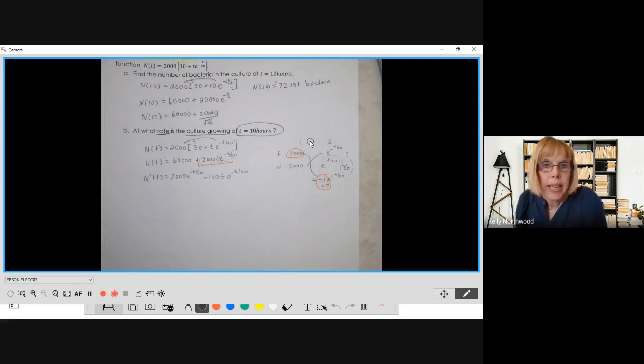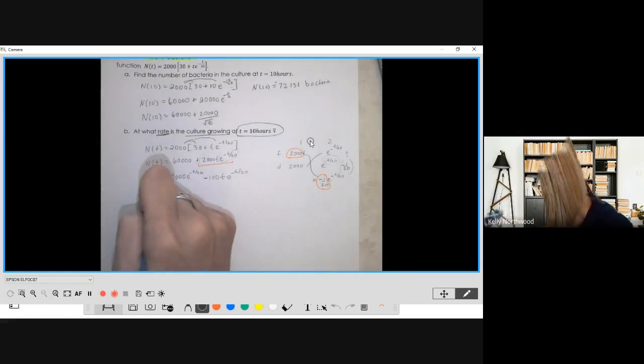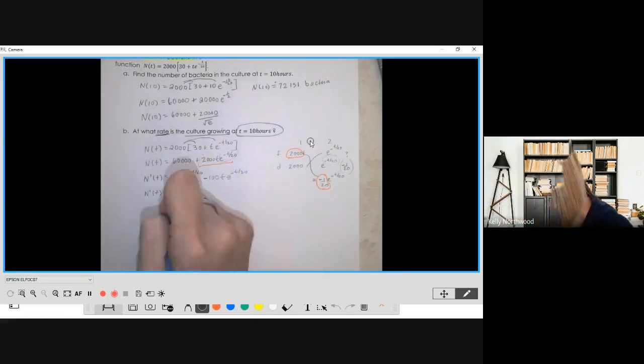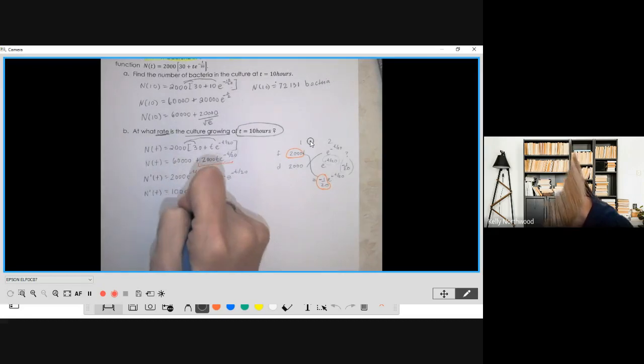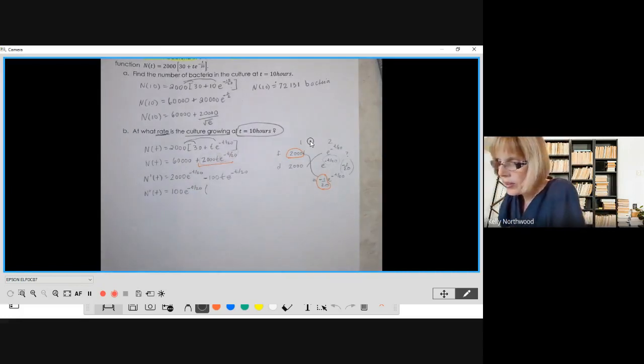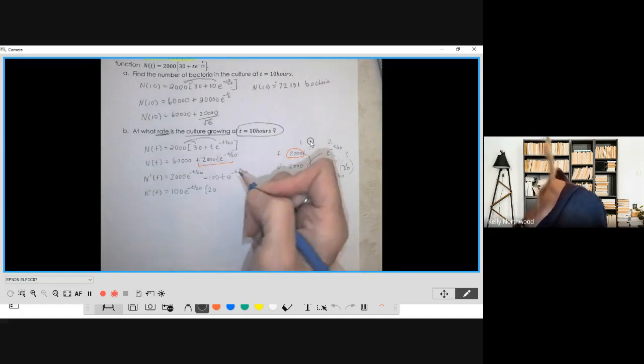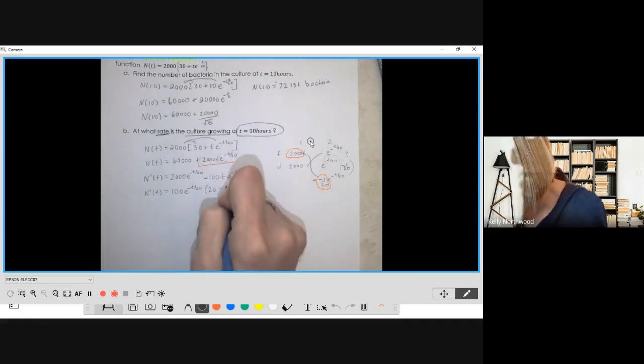Now I could just sub 10 in right now, or I can put it in simplified factored form if I want, and then sub 10 in, whatever I prefer. I might as well just factor it because it doesn't look too hard. I know 100 is part of my common factor, and the e to the negative t over 20 is too. 2,000 divided by 100 is 20 minus t.